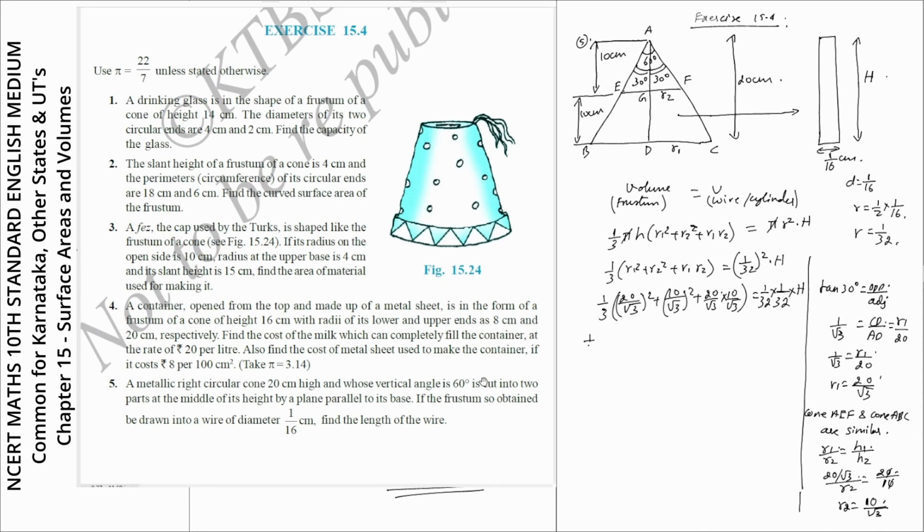So 1 by 3 into 20 the whole square is 400 by root 3 the whole square is 3, plus 10 the whole square is 100, root 3 the whole square is 3, plus 20 into 10 is 200 by root 3 into root 3 is just 3, equal to 1 by 32 into 1 by 32 into h.